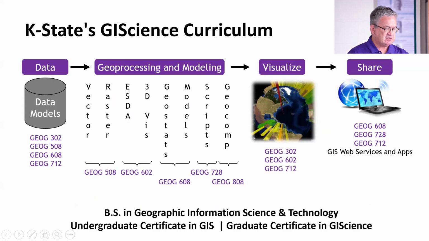Before we wrap up, just wanted to remind, especially students that are here today, if you want to go into more depth on any of the techniques that we've talked about, we offer here at K-State a pretty comprehensive curriculum in geographic information science, from basic visualization through AI and geocomputational methods and everything in between.